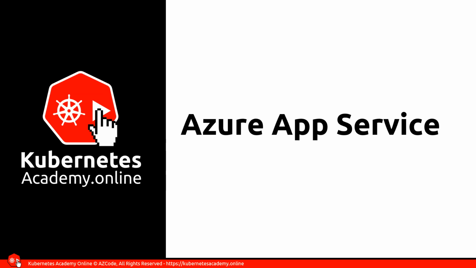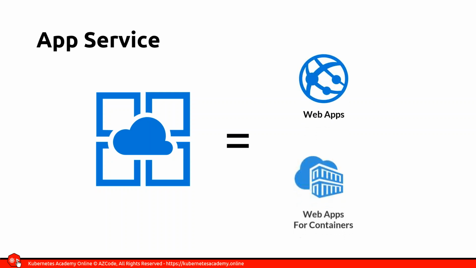Let's talk about Azure App Service. So what is Azure App Service for those who are not on Azure? Well, it's a platform as a service type of service where you can run applications. So what kind of application can you run on App Service? Well, you can deploy source code, compile source code.